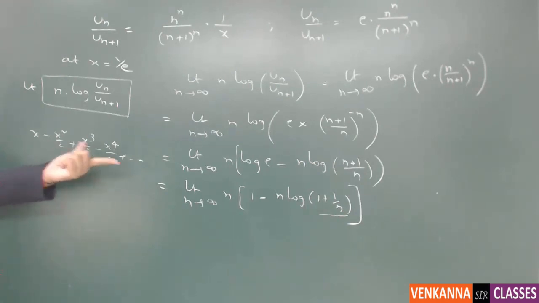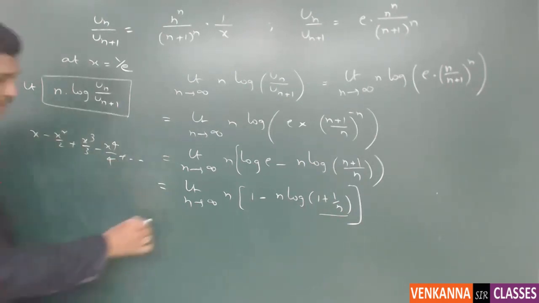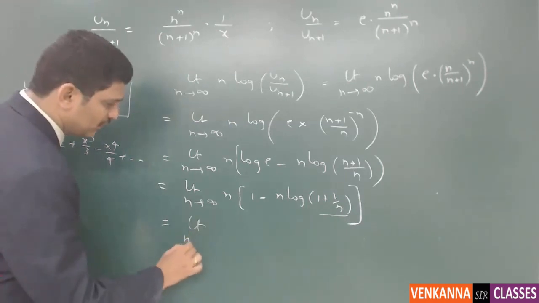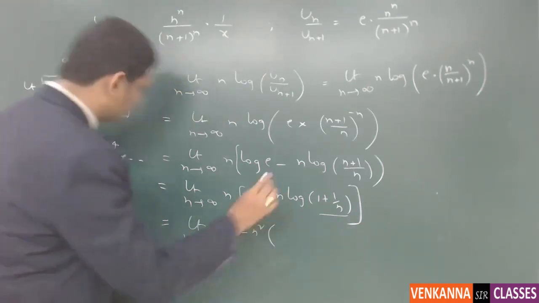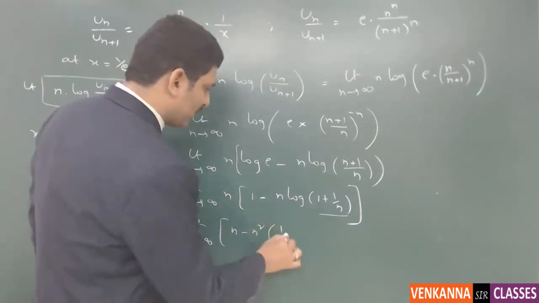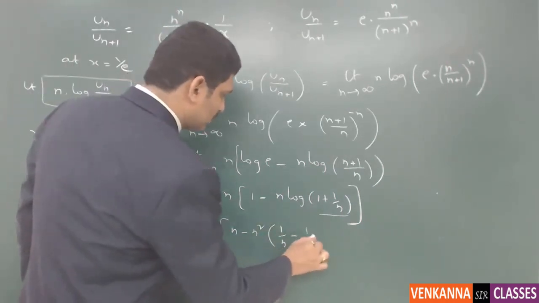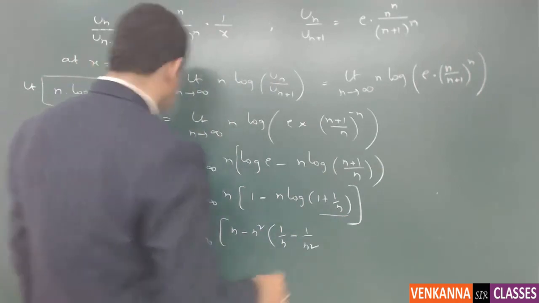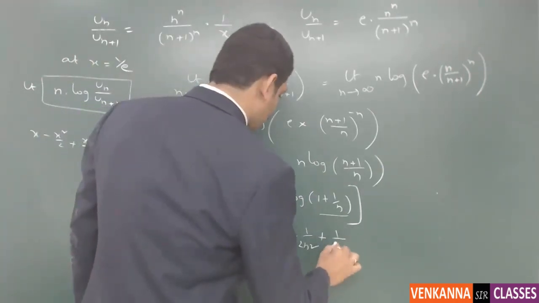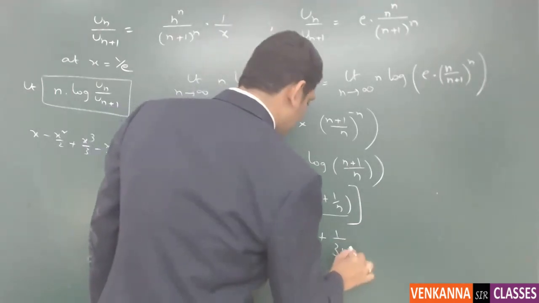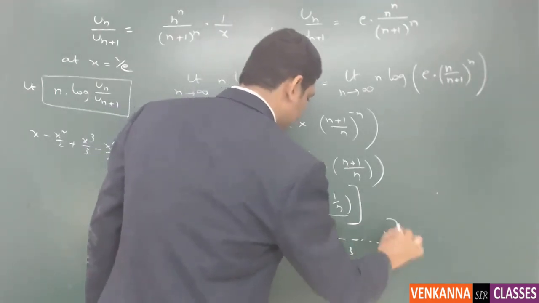So we apply the same thing there. So this equals limit n tends to infinity n minus n square into (1 by n minus 1 by 2n square plus 1 by 3n cube), so on.